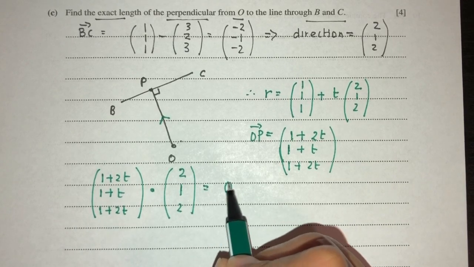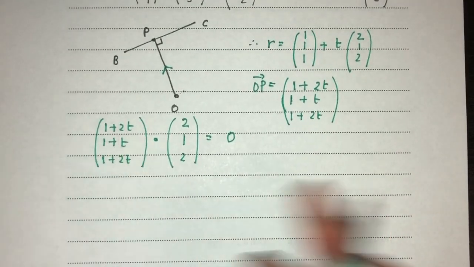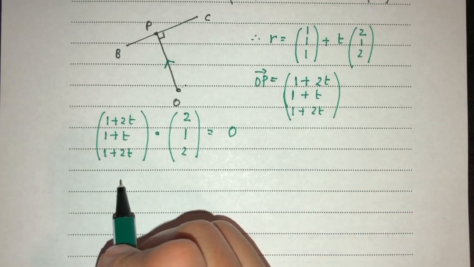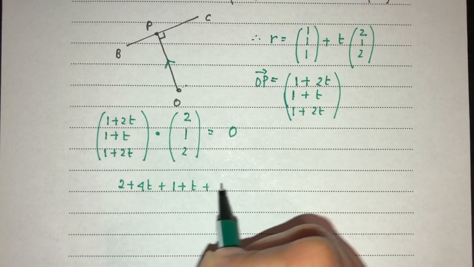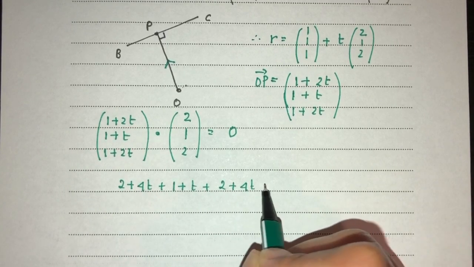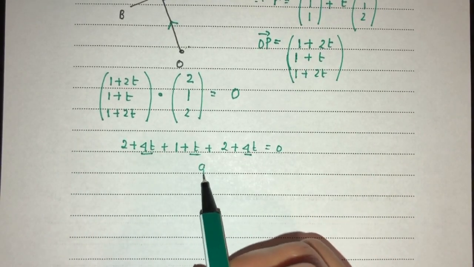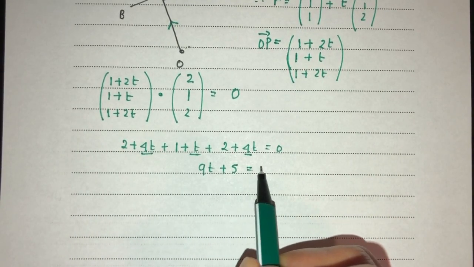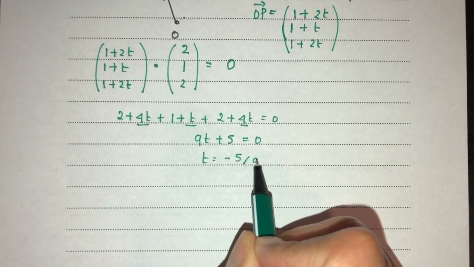That should give you 0 because these two lines are at right angle. So let's solve for the value of t. You will have 2 plus 4t plus 1 plus t plus 2 plus 4t. That is equal to 4 plus 1 plus 4, that is 9t, plus 5 equal to 0. So t is equal to minus 5 over 9.